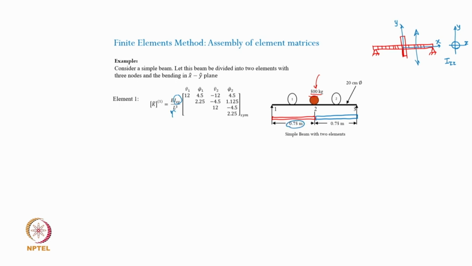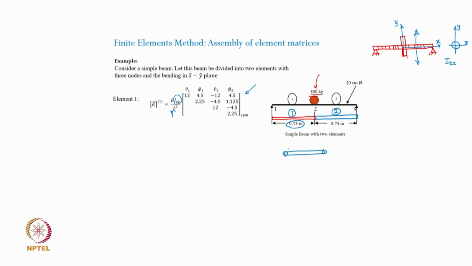Now, once these parameters are taken numerically, one can find out the element stiffness matrix, which will represent the first element. So, I am using this as the element number 1 and this as element number 2. Now, you must understand that each finite element will be having these 2 nodes.